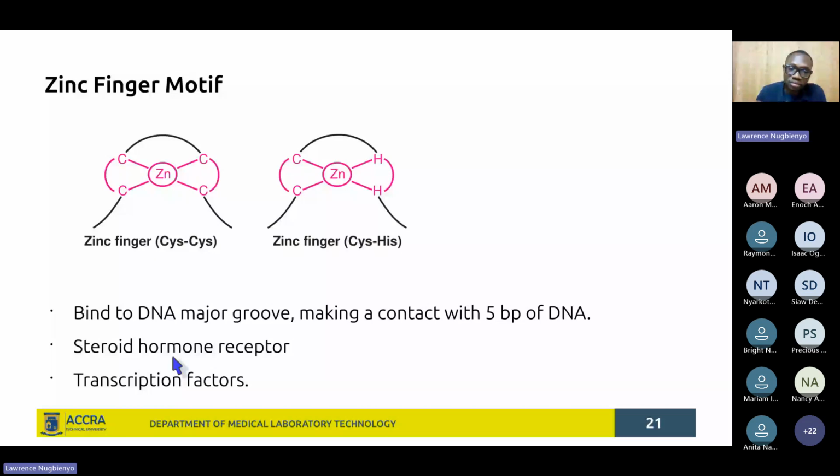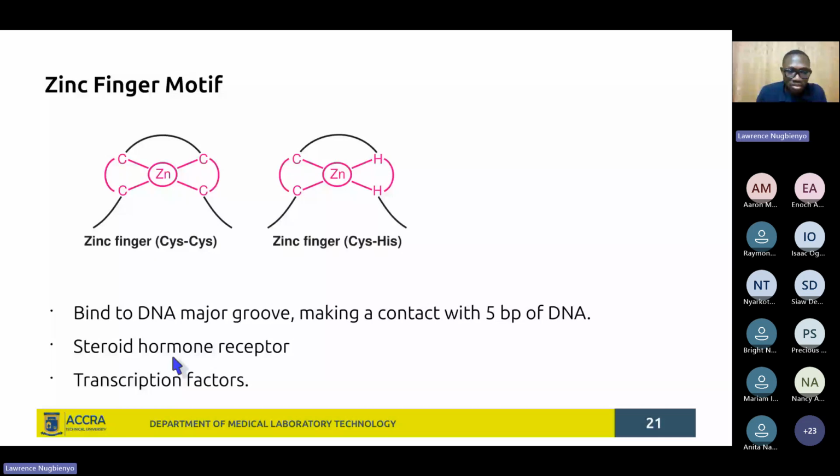Because a steroid is a lipid, it can pass through the phospholipid bilayer of a cell, even go through the nuclear membrane, and interact with the nuclear material to control gene expression.